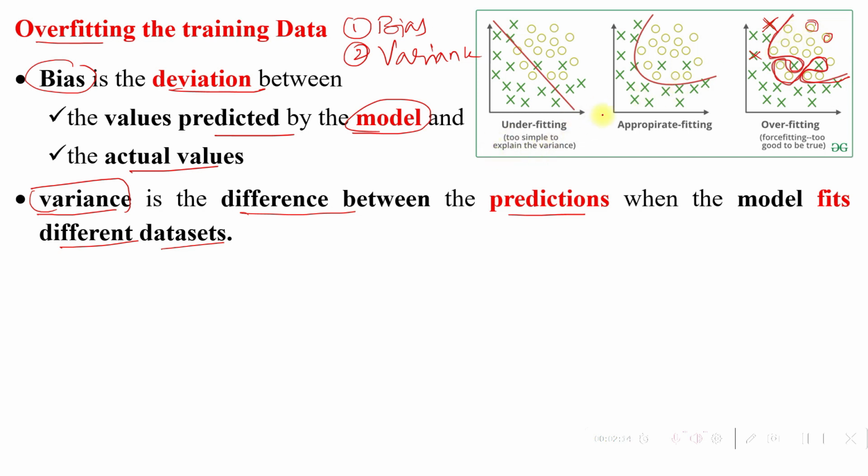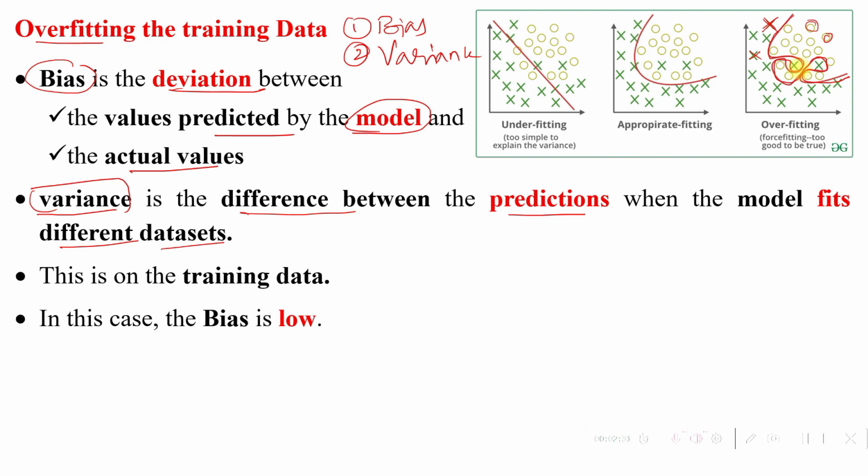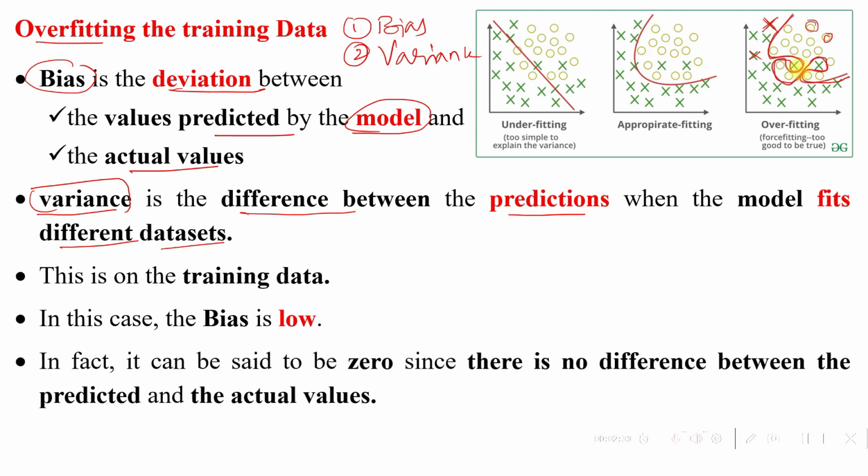Coming to variance, this model is going to work only on the training data. It may not work on other data sets. That is called variance. Now, on the training data the bias is very low, in fact it can be said to be 0, since there is no difference between the predicted and the actual values.